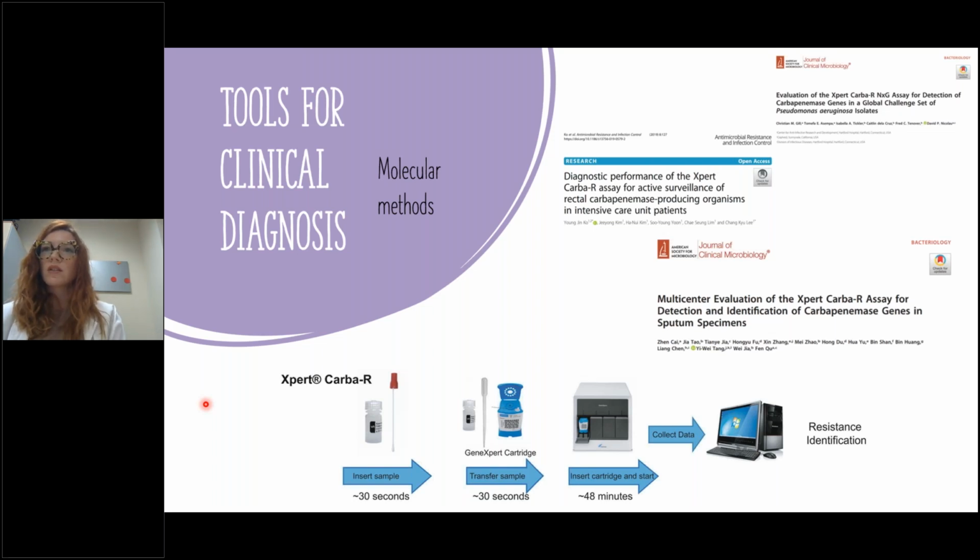You can just use the direct sample with a swab, or you can use colonies from plate cultures. You have to insert the sample in a buffer, then transfer it to a cartridge and insert the cartridge in the equipment, and after 50 minutes more or less you have a result.